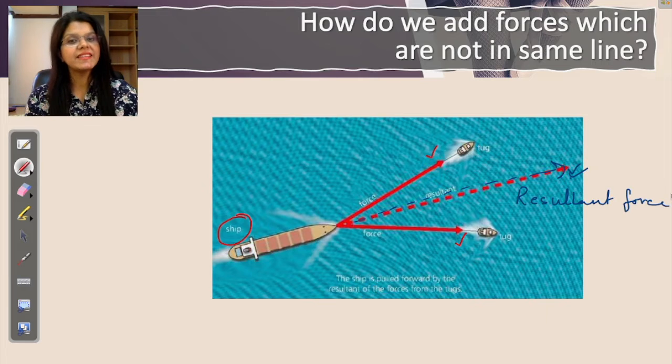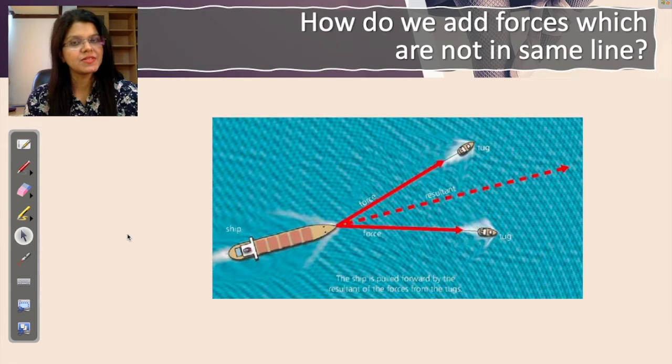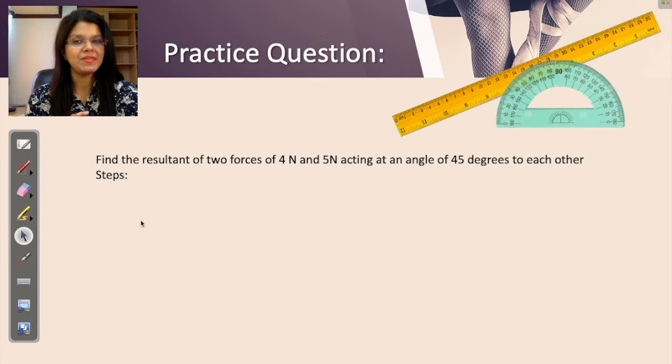So how do you find the resultant of the forces when the forces are not in the same line as in the case here? This is also simple and easy to do. You use a fundamental. What is that fundamental called? We use the parallelogram rule. Let us understand the parallelogram rule with the help of an example.